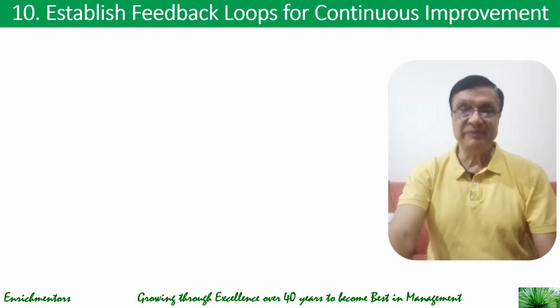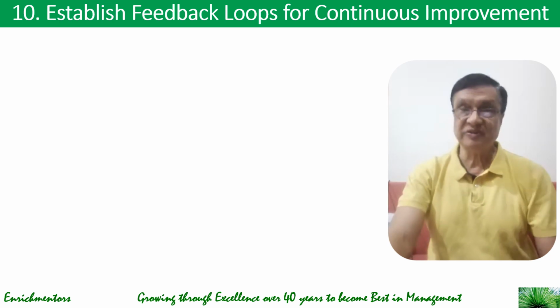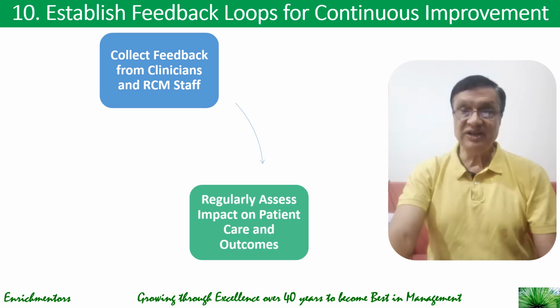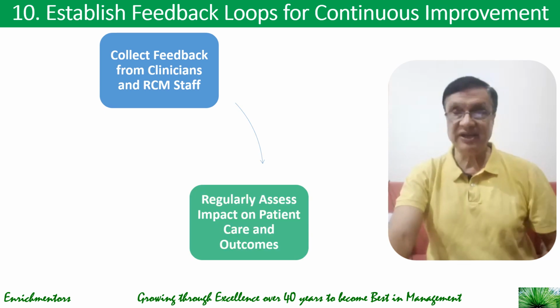Lastly, establish a feedback loop for continuous improvement. Collect feedback from clinicians and RCM staff by regularly taking feedback on process effectiveness that can help identify challenges and make continuous improvement. Regularly assess impact on patient care and outcomes.